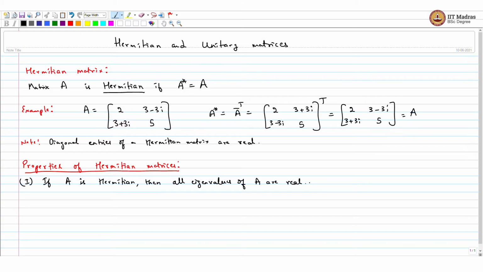Let's look at the same example to see what the eigenvalues are. Before proving this, consider the example matrix A given above.